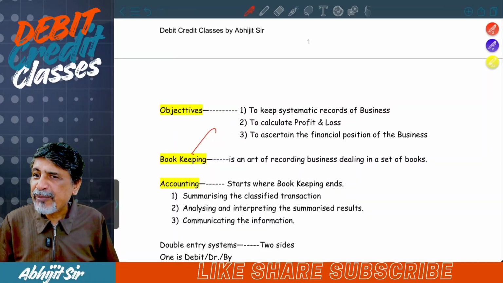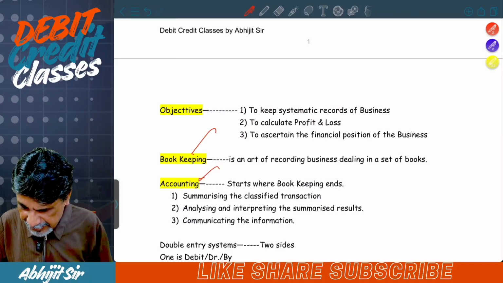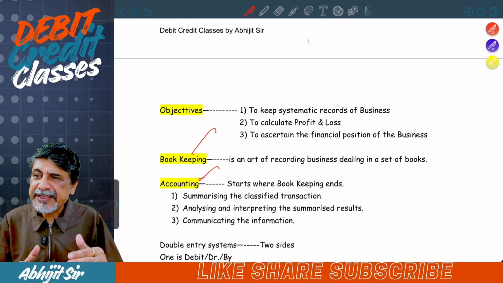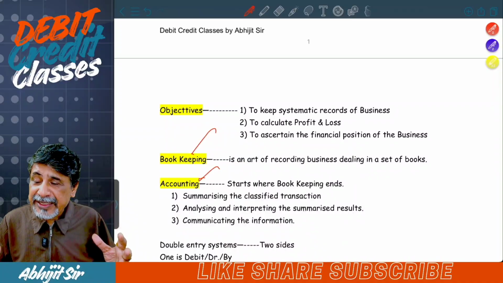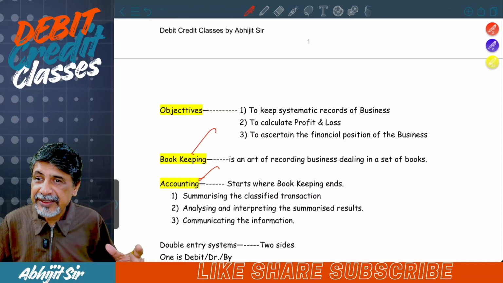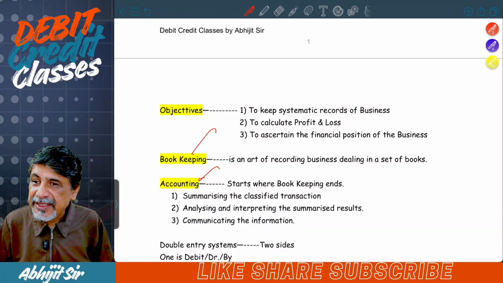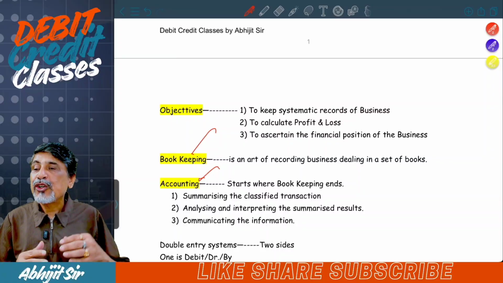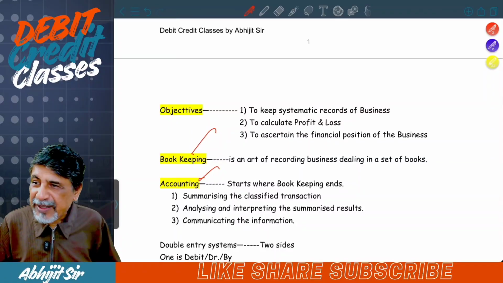After that, accounting comes. Accounting starts where bookkeeping ends. The main duty of the bookkeeper is to write the transactions in a systematic way into books, and then the work of accounting starts. That is, summarizing the classified transactions, analyzing and interpreting the summarized results, and communicating the information to the concerned parties.